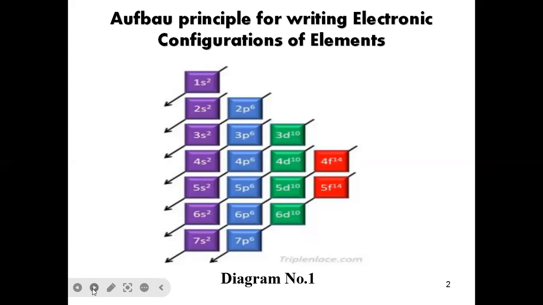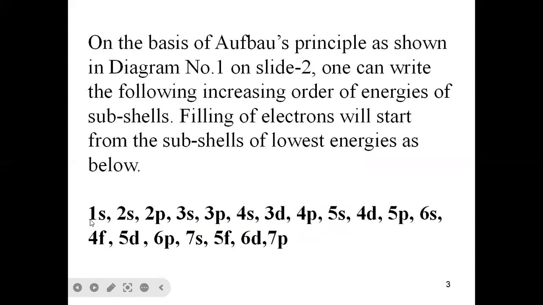So on the basis of this diagram, in general, we can write the electronic configuration in the order of increasing energies of the subshells, as you can see here: 1s, 2s, 2p, 3s, 3p, 4s, 3d, 4p, and coming to the end at 7p.